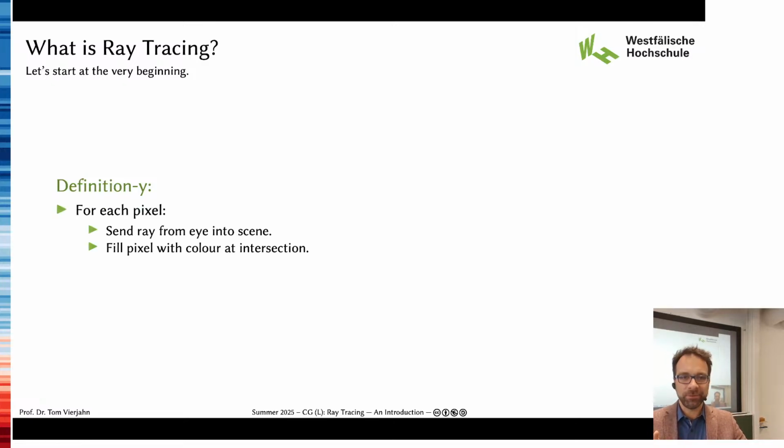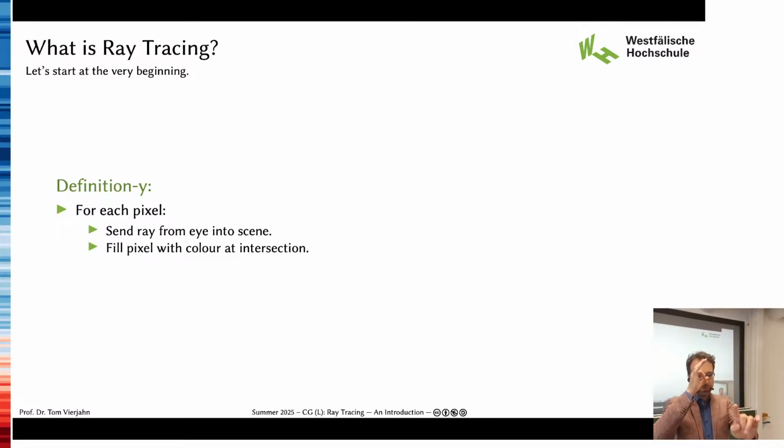So for each pixel, you're sampling the image. You send a ray from the eye to the scene, and this is what was happening in both images. One, in the first image, was standing at this eyepiece and looking through the screen into the scene, drawing what he was seeing.